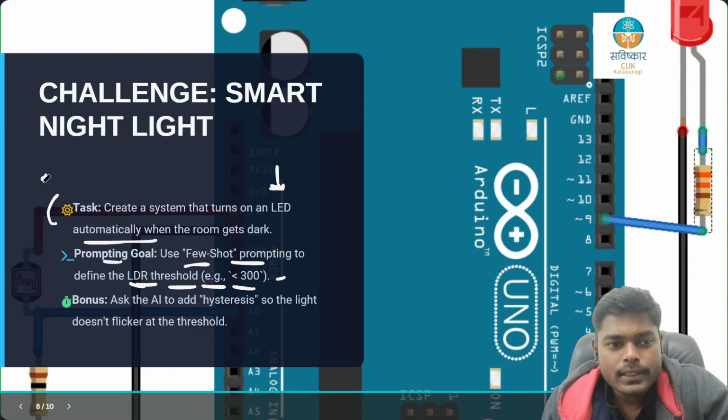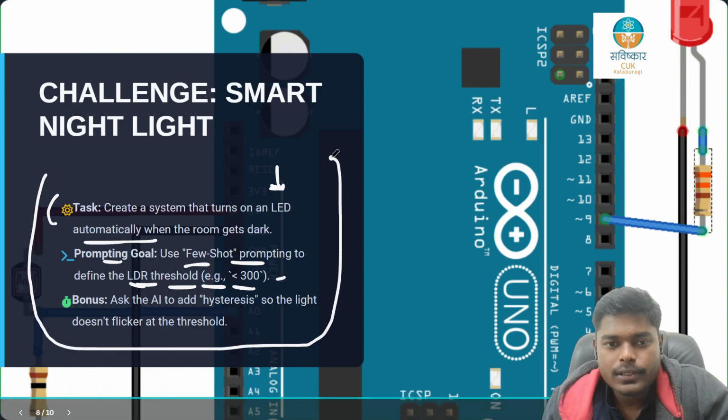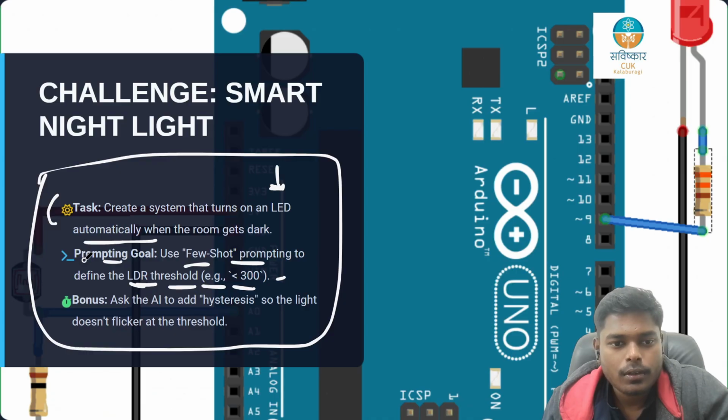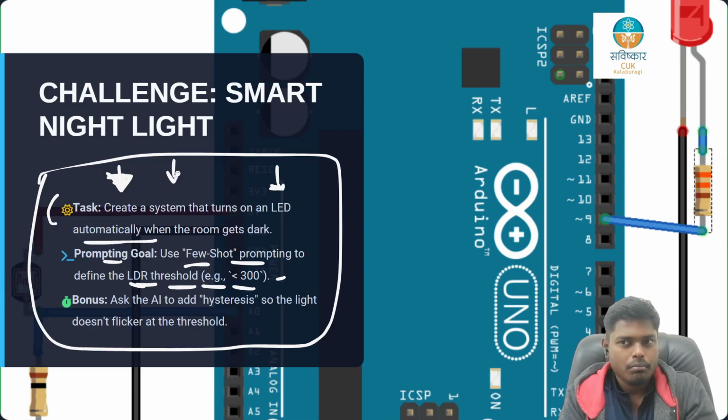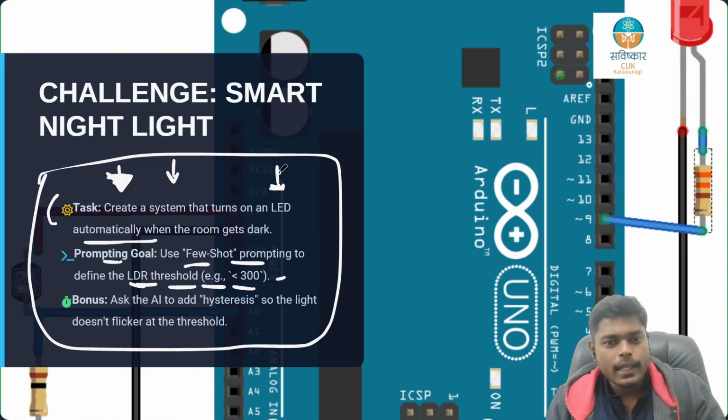Okay, so it's also a good project, guys. I want each and every one of you to work on it. The final assessment will include this particular project. So make sure you do this project, write the code or generate the code using few-shot prompting or any prompting you want, and then use that code and create your circuit with Wokwi, and you can upload that.